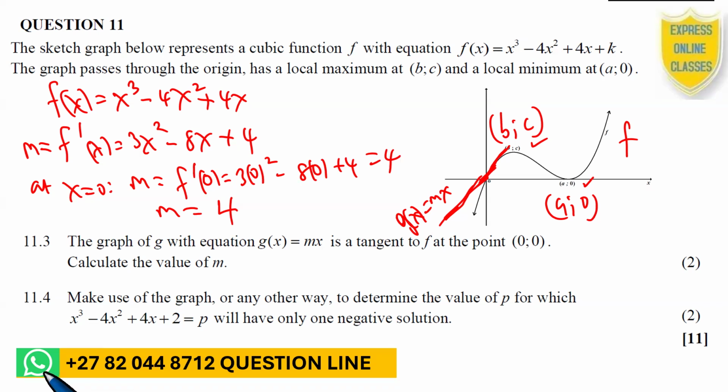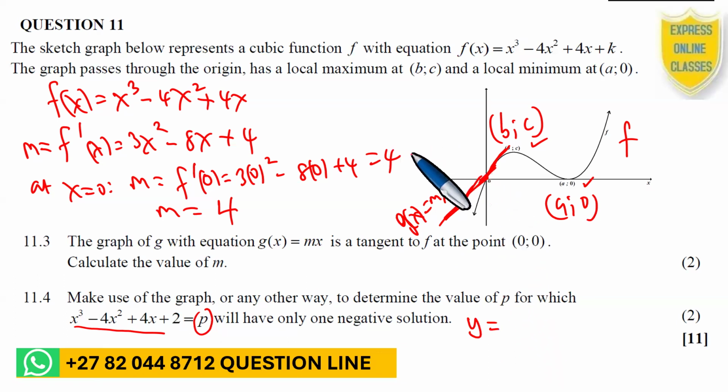Smell the coffee. So what do they mean by we'll have only one negative solution? This is a cubic function and p is a number. So the cubic function is going to intersect with another graph, which is y equals a number p. Maybe the number can be 5 or anything like that.